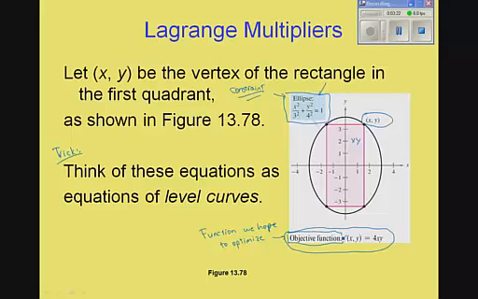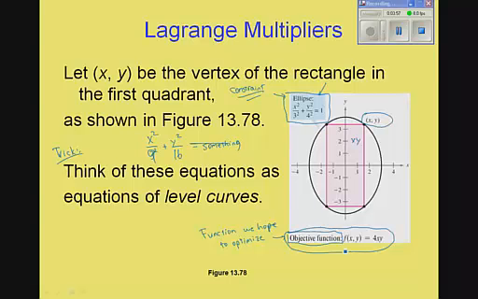So think of these as equations of level curves. Look at it this way. I have x squared over 3 squared plus y squared over 4 squared equals something, in this case 1. But I can think of it as a level curve of something. You guys with me on that?